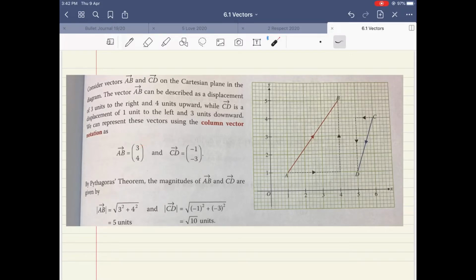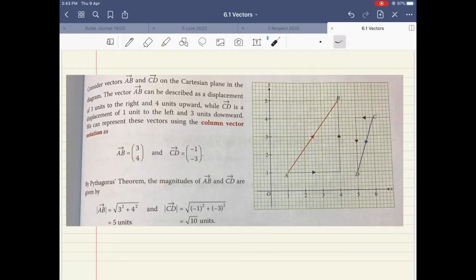The top portion shows the displacement on the x plane, so it tells you whether the vector is going left or right. The bottom one tells you whether the vector is going up or down.